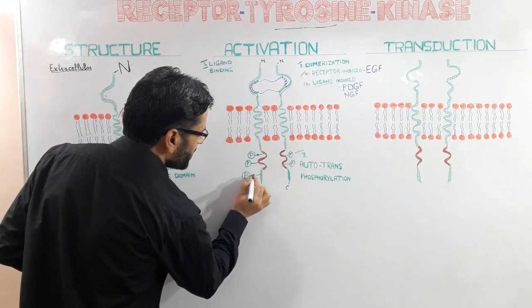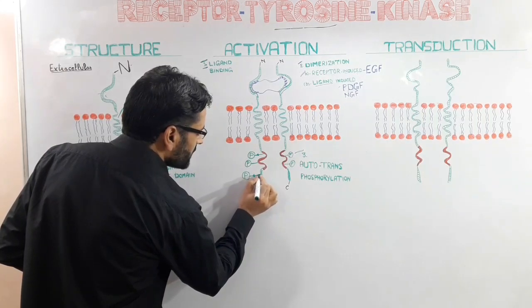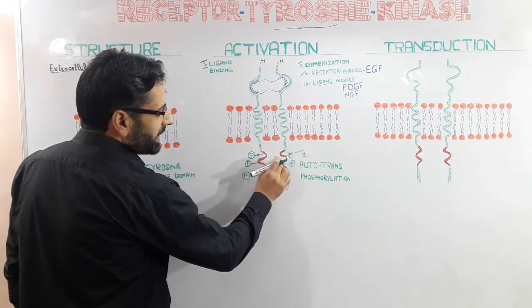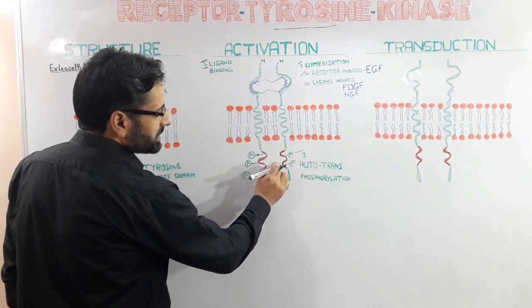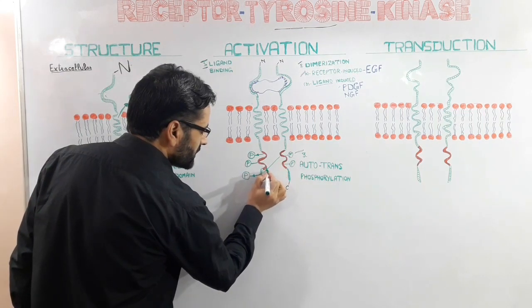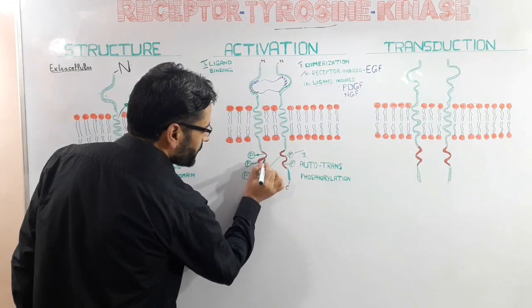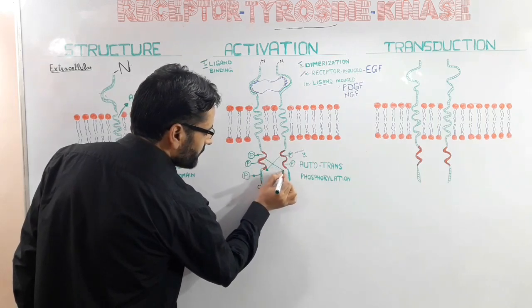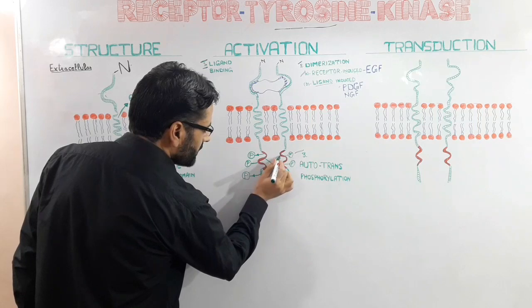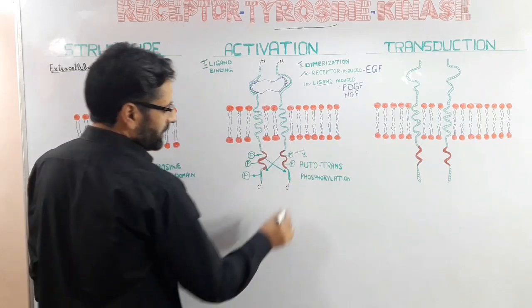So here their tyrosine amino acids will get phosphorylated by the tyrosine kinase activity of this segment of this receptor. This will phosphorylate the tyrosine amino acid present in this segment, and this kinase activity will phosphorylate the tyrosine amino acid present in this segment. So we will have auto and transphosphorylation.